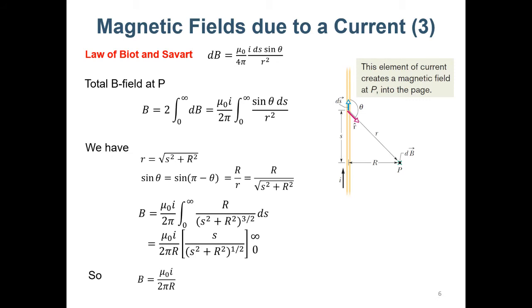So ds is like this, and r is from this point to that point, and this is r hat, the unit vector, which means the magnitude of this vector is 1. And the angle between ds and r is theta, and because we use the cross product, it is sine theta.